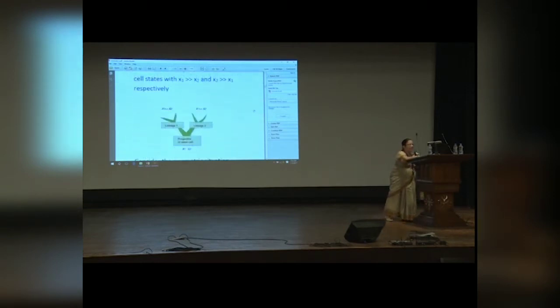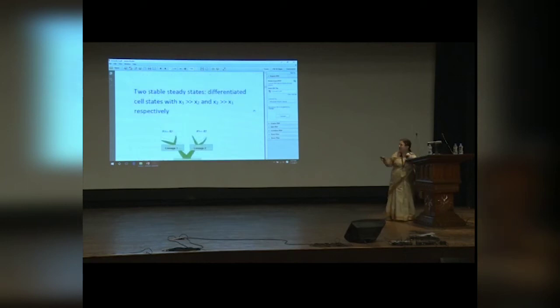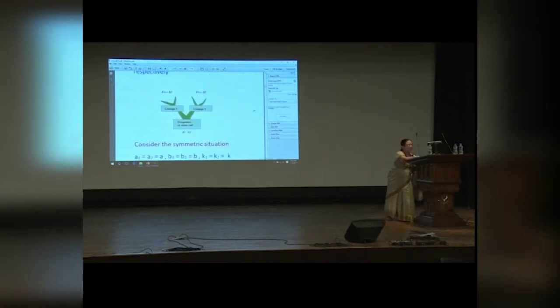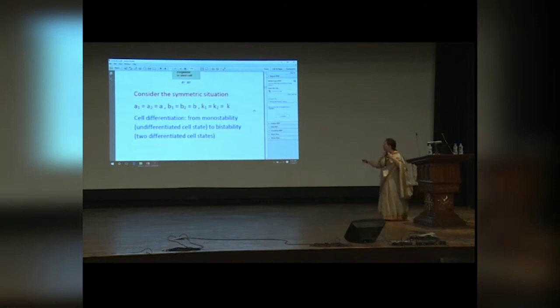The 2 stable steady states are differentiated cell states with X1 greater than X2 and X2 greater than X1 respectively. This I already showed you. In our model, we considered the symmetric situation where these parameters are equal, these are equal, these are equal, and then we solved the differential equations and found the fixed points.